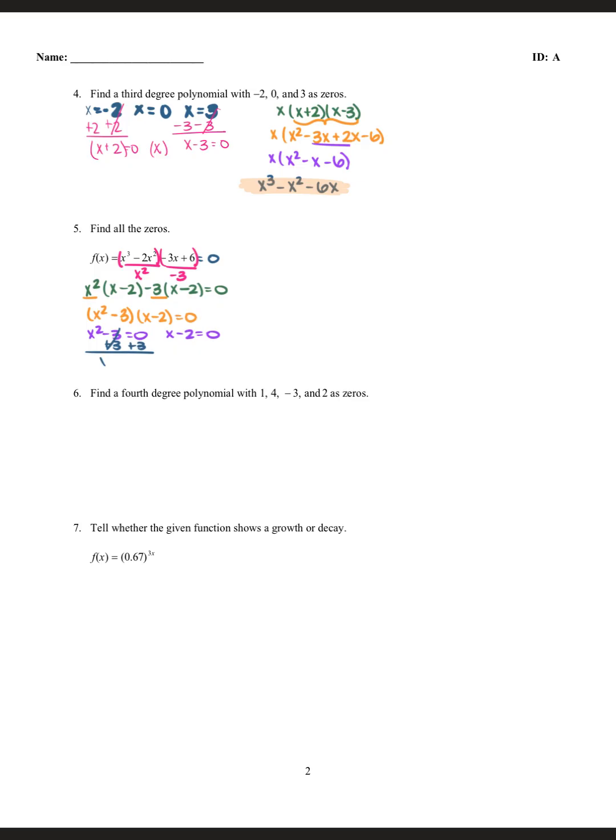You get x squared is equal to 3. And take the square root of both sides. And you get that x is plus or minus the square root of 3. For the x minus 2, add your 2 over, and you get that x is 2. So your 3 solutions here, because you have the power of 3, and that's your highest power, you have a negative square root 3, a positive square root 3, and 2.